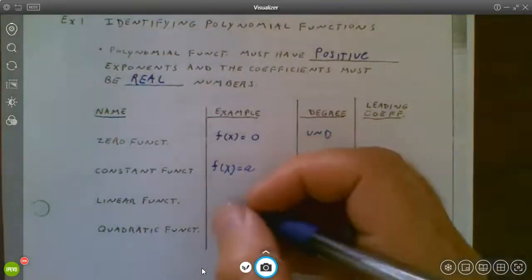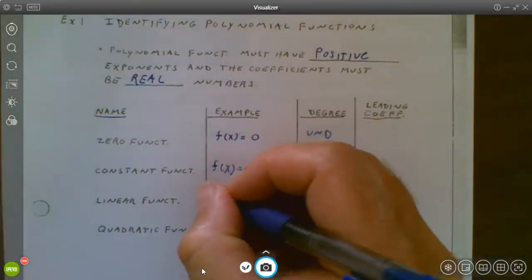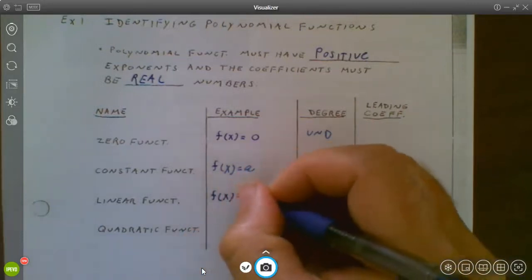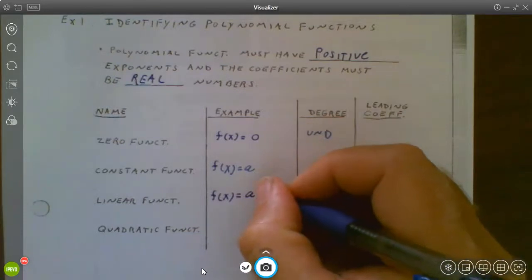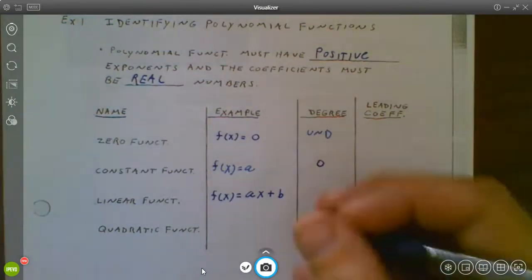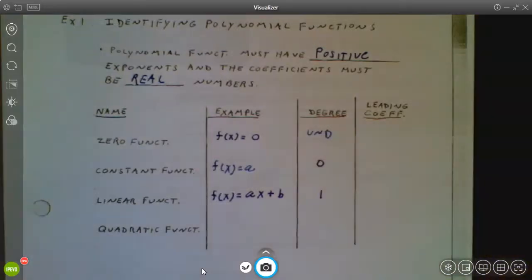Linear functions is where you have x to the first. So we're going to say f of x equals, we'll put the whole ax plus b in here. So you can always think of this as y equals mx plus b, same thing. So those are our linear functions because they are x to the first. So that's why they call it a degree of 1.